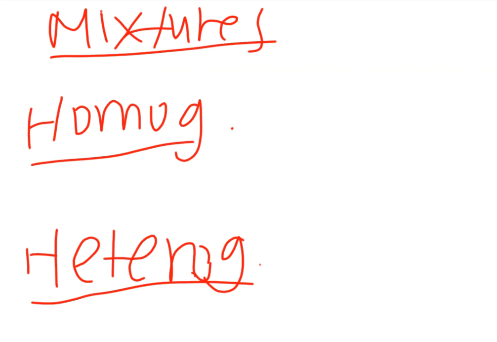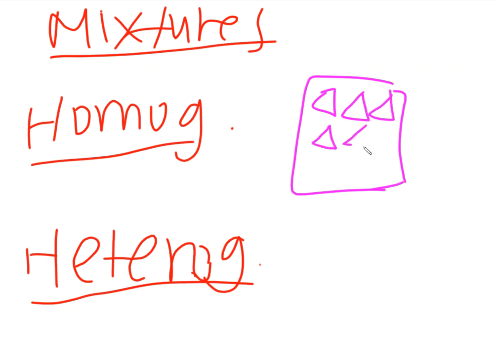Everything in it is the same. They're uniform. So if I were to do a diagram, they would all be triangles. That is what a homogeneous mixture is.